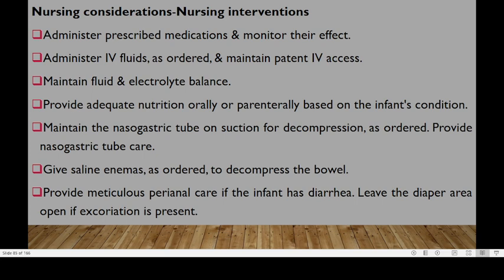Give saline enemas as ordered to decompress the bowel, and also provide meticulous perianal care. If the infant has diarrhea, you need to leave the diaper area open if excoriation is present.